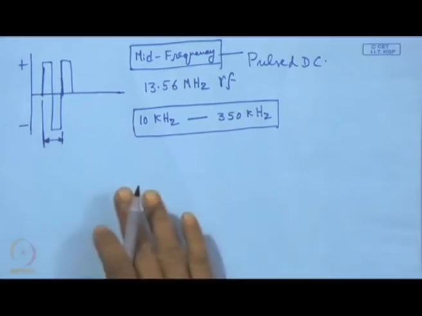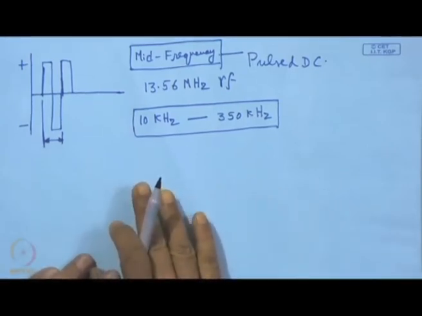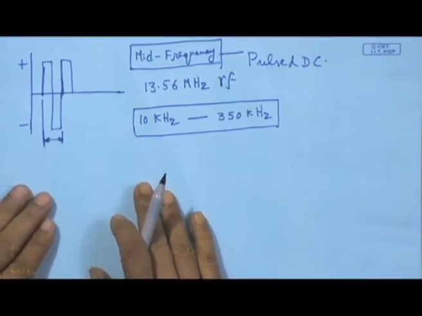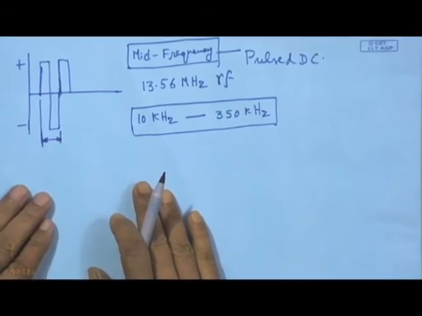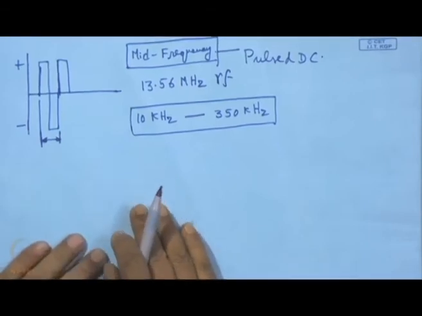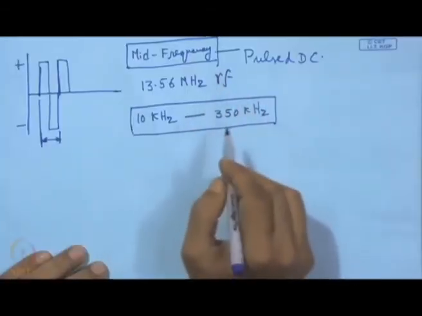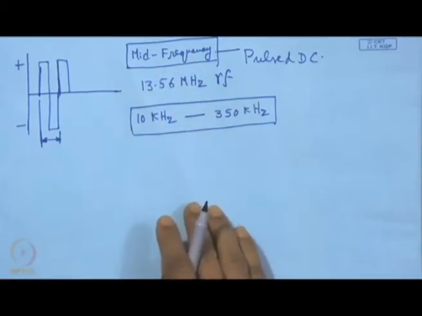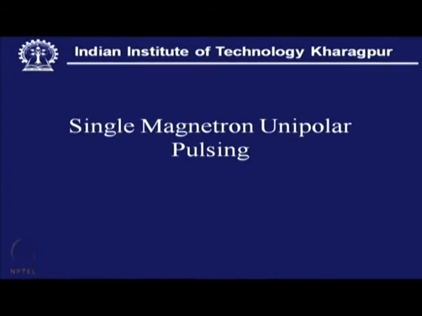So, there are a lot of variations possible with such an option with the power supply, and this can be one of the areas of interest for those interested in sputtering technology, and this is going to be, and is being, used as one of the alternatives to this RF sputtering. Now, in this mid frequency pulse DC, what can we do? We have a lot of options.